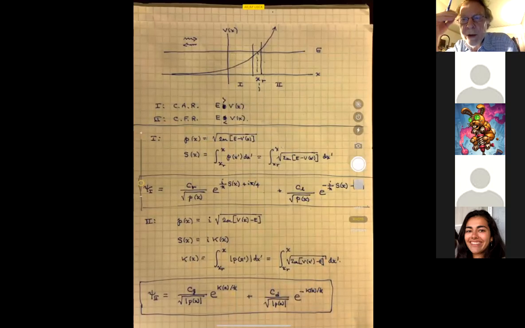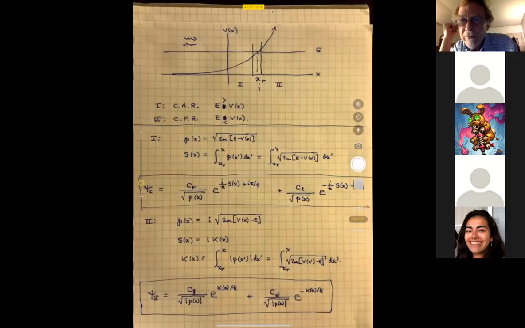What's going on here is that the approximation that's being made in WKB is that the environment in which the wave is moving doesn't change much over the scale of a wavelength. But when the momentum goes to 0, the de Broglie relations tell you that the wavelength goes to infinity. So the wavelength is nominally infinite at the turning point.